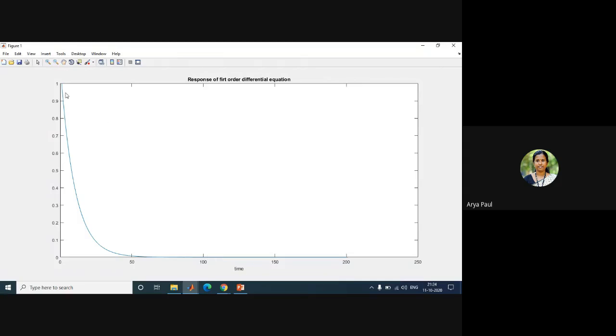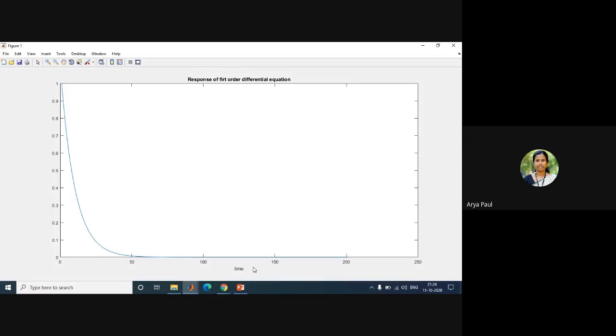Why are you getting a curve like this? This is an exponential curve. Why are you getting an exponential curve? Because you are plotting e raised to minus 2 times t. What is the solution of this particular equation? E raised to minus 2 times t. So you will be getting an exponential curve, e raised to minus 2 times t, not e raised to plus 2 times t.